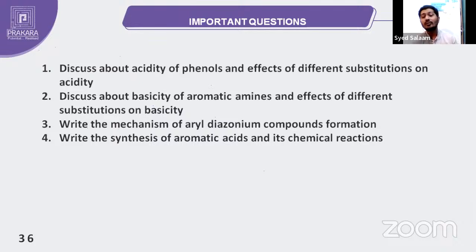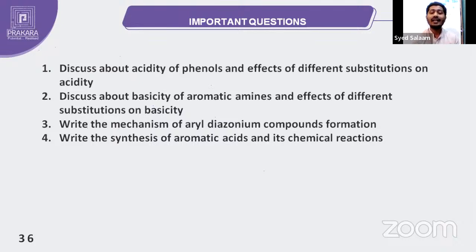Next is the mechanism of aryl diazonium compounds. Aryl diazonium compounds are very, very important precursors for many compounds, because some reactions are very difficult to complete directly through benzene or its derivatives. So first we convert benzene to an aryl diazonium compound, and from that, most of the reactions which are not practically possible directly with benzene can easily be done.